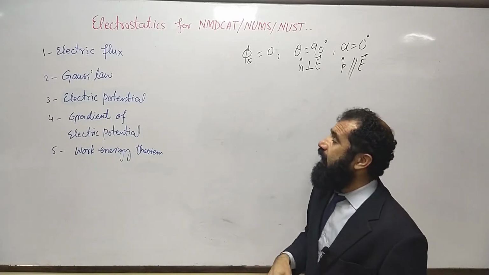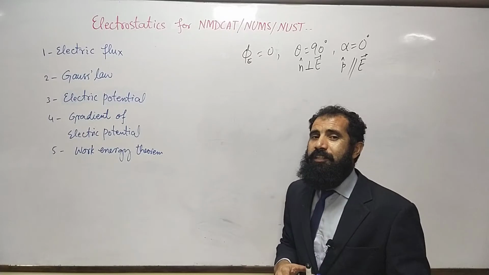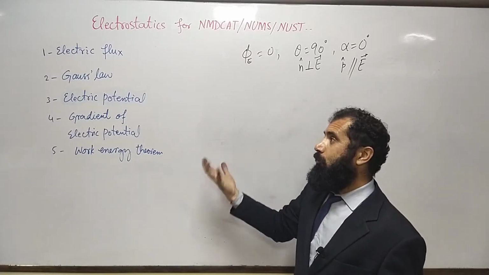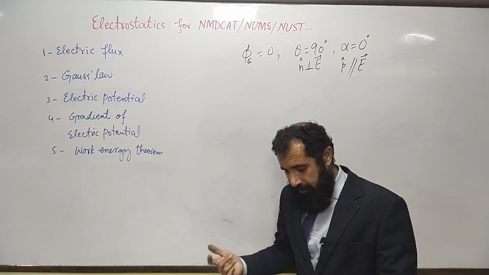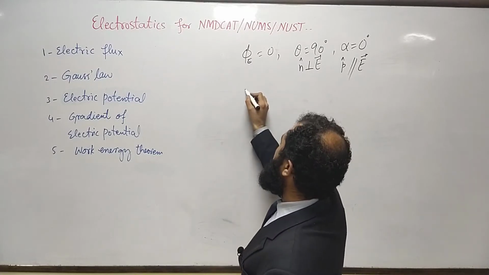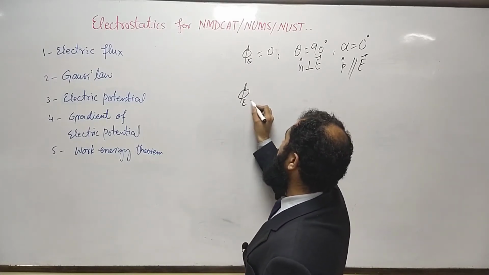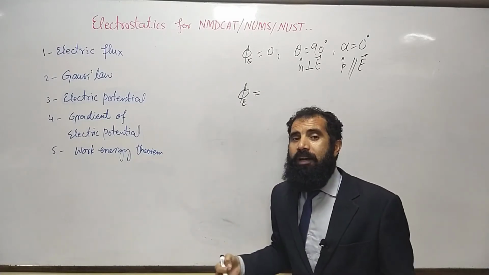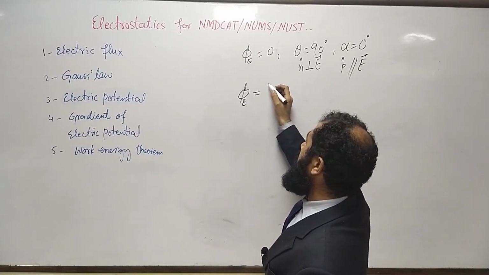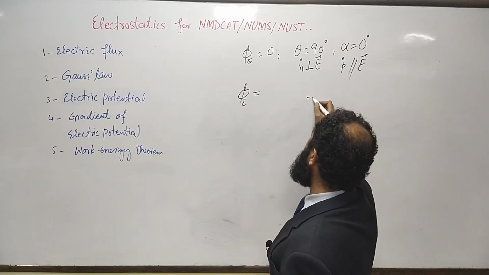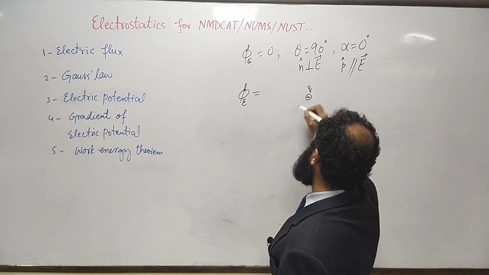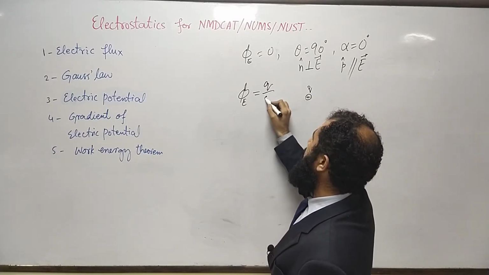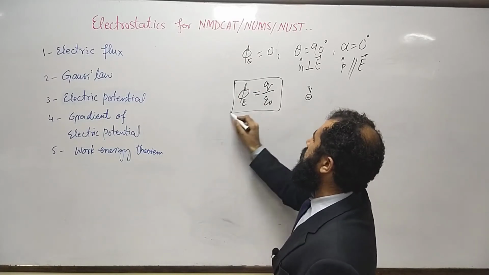In Gauss law we use the same concept of electric flux, but we use it to calculate electric field intensities. What is Gauss law? The statement of Gauss law is that total electric flux because of some point charge having magnitude q is q divided by permittivity of free space.